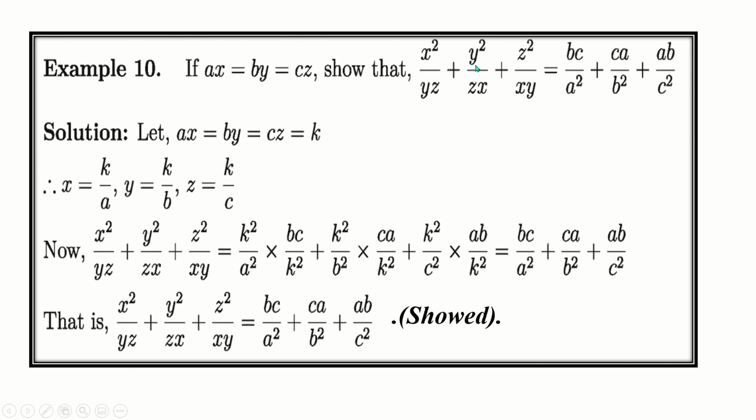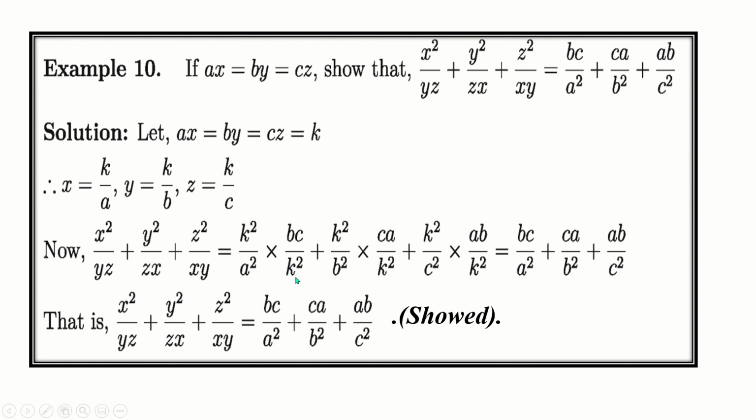So the left side will be x square by yz plus y square by zx plus z square by xy. This equals k square by a square, as here it is x square, but x is equal to k by a. And yz means k square divided by bc, as this is in the form of division. When we use division, the numerator will become the denominator and the denominator will become the numerator.